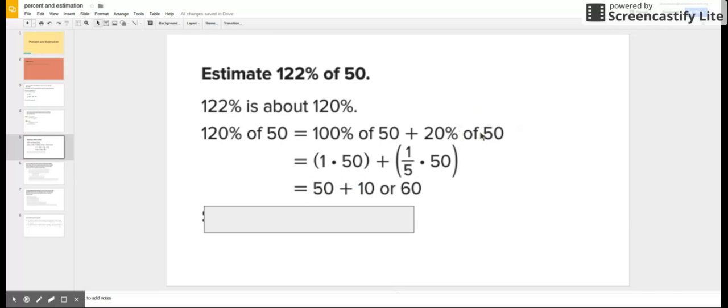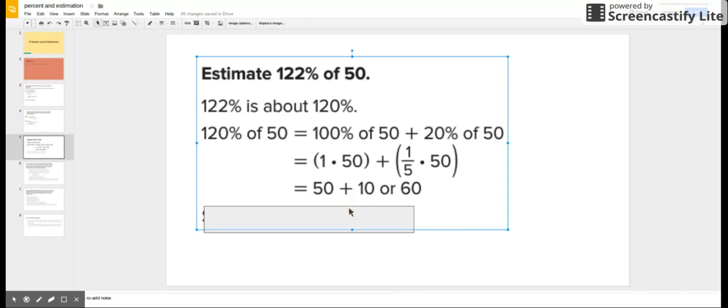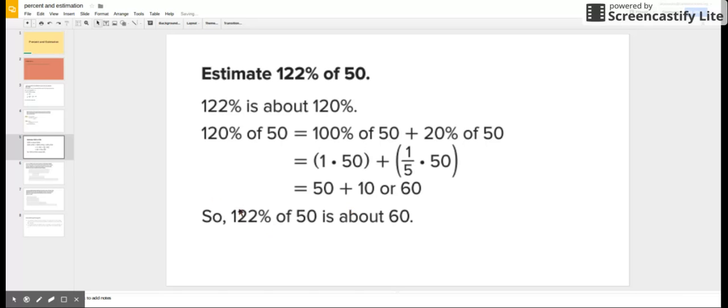And 20% of 50, or 1/5 of 50, gets me 10. So together, 50 plus 10 gets me 60. So 122% of 50 is about 60. All we did here, we just broke this down from 122 to 120, and then broke it down even further to 100% and 20%.